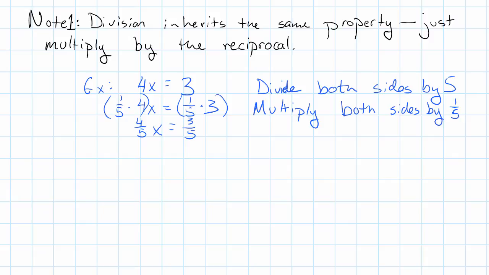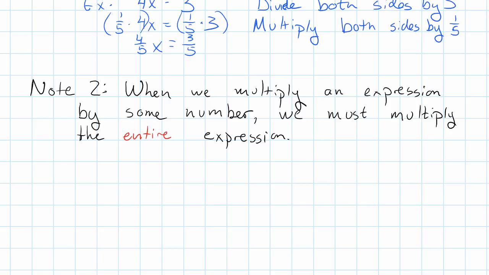Okay, another property that it's important to note has to do with how multiplication and addition interact. When we multiply an expression by some number, we must multiply the entire expression. So suppose we have this equation.